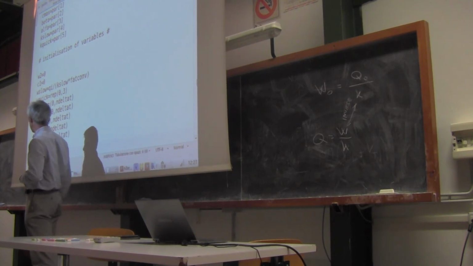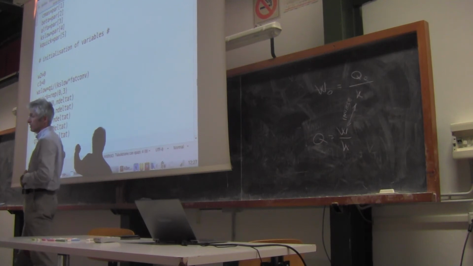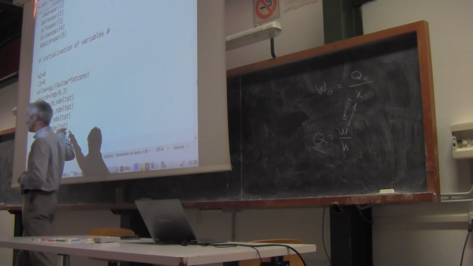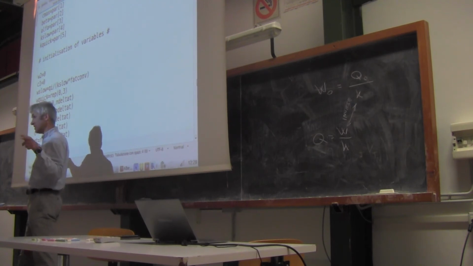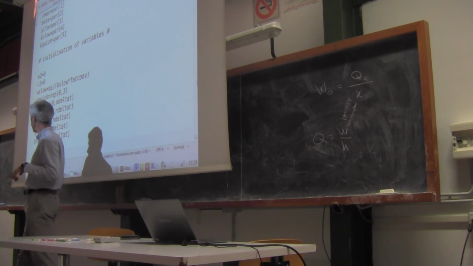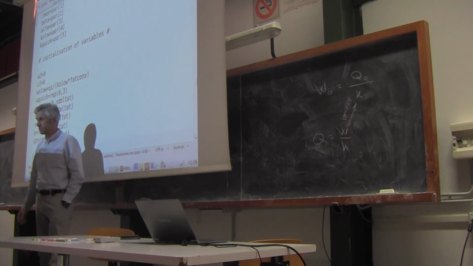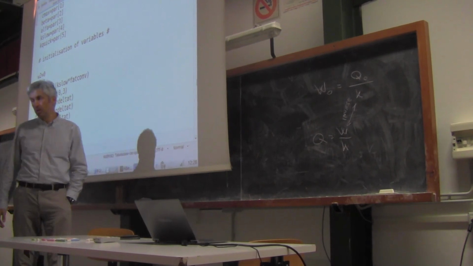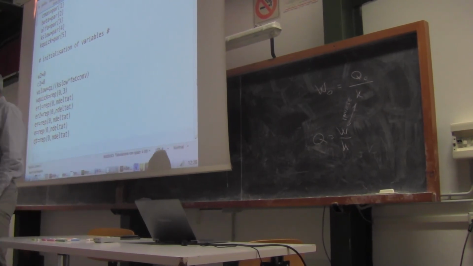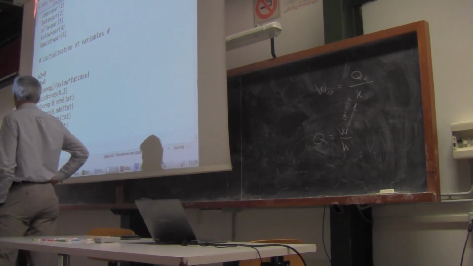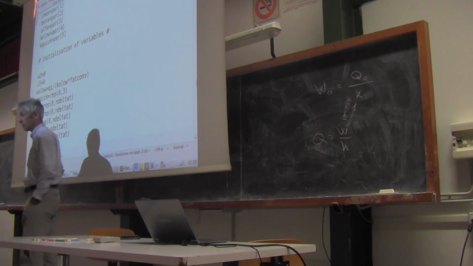Again, a vector with size n delta t. E will be the vector of the actual evapotranspiration, again with size 8760. Qt will be the simulated river flow. In this way I define most of the variables that I need. Some of them are still to be defined and we define them later. Okay, perfect. We can move forward.